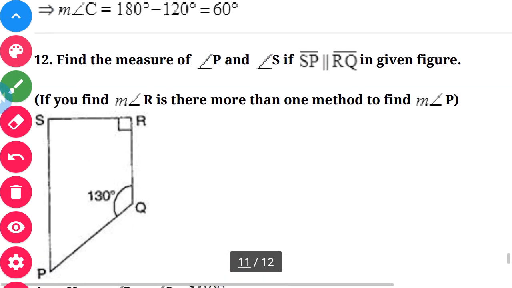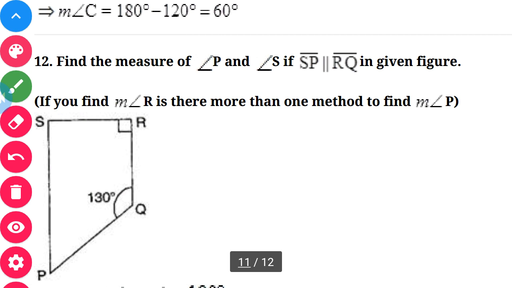Again it is a trapezium, and find the measure of angle P and angle S if SP is parallel to RQ, given the measures. So here if you just see angle P and S, R is already given. R is 90 degrees here. If you just see the perpendicular, it is given as a square box. So when it is 90 degrees, children, it is easy to find S, because the sum of adjacent angles should be 180 degrees.